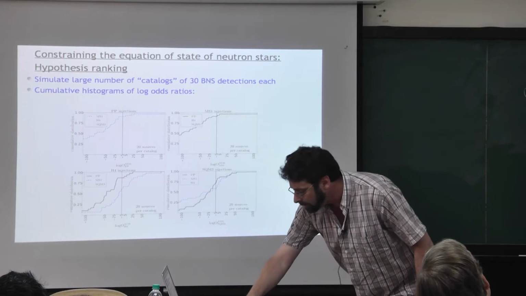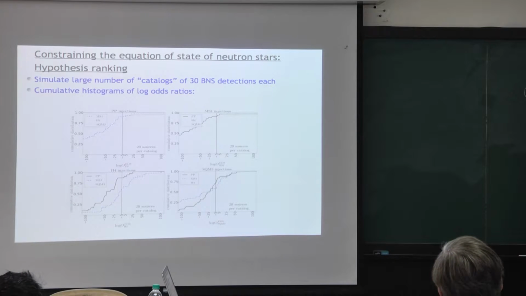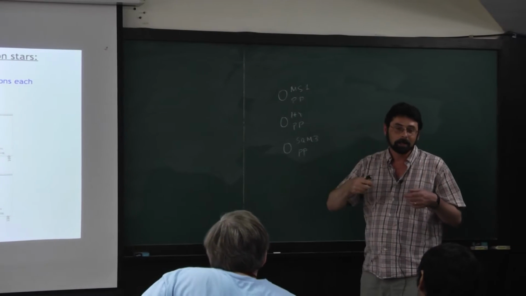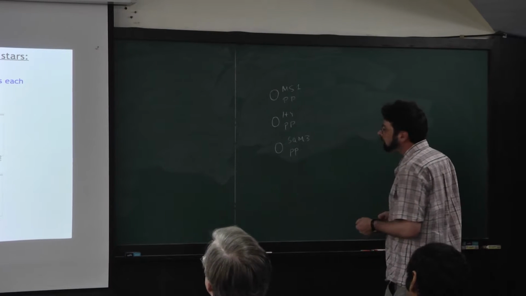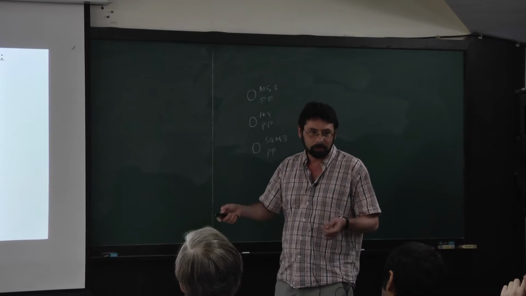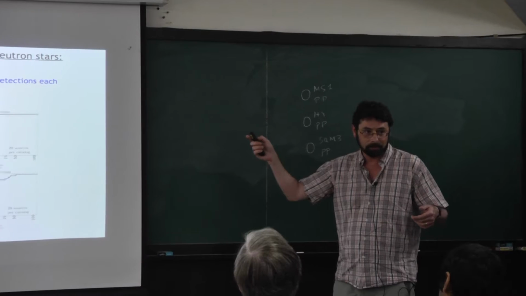Now remember, for each of those three, we will have many different odds ratios, and each pertains to 30 detections, of which we've combined information. And then you can look at how these odds ratios are distributed, and in particular, what I'm plotting here is the cumulative distribution, okay?